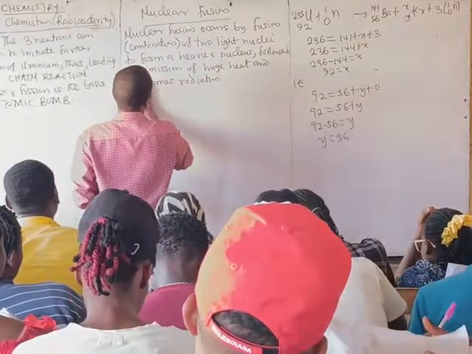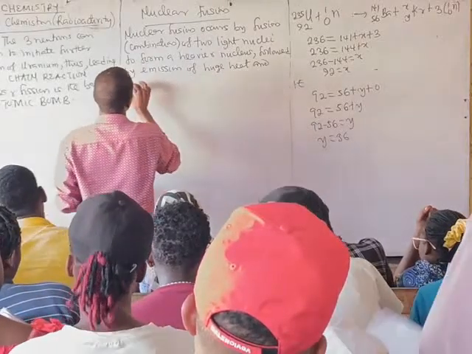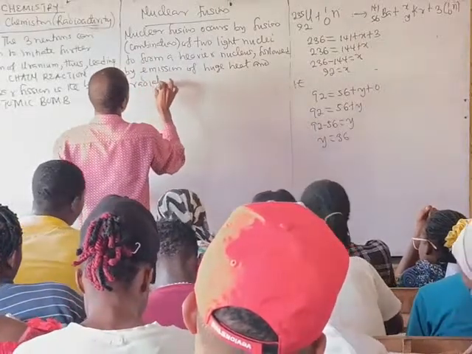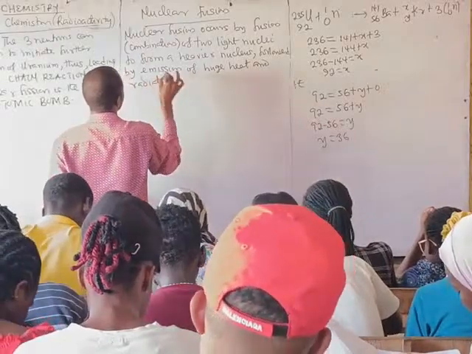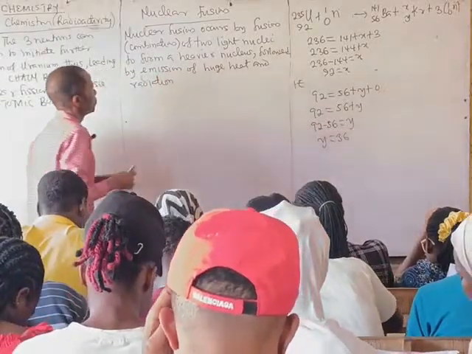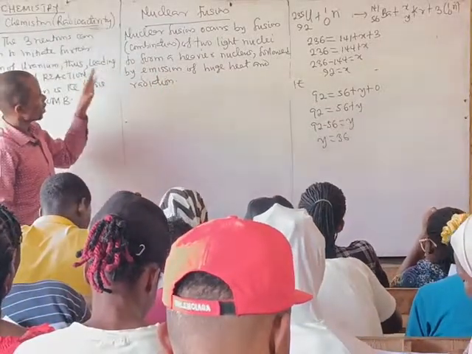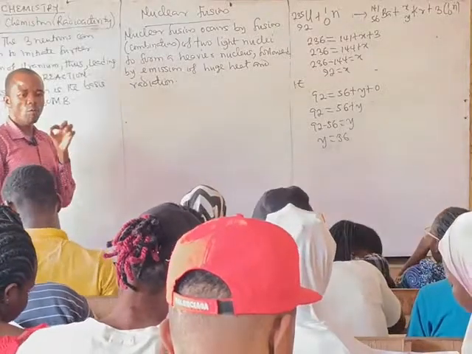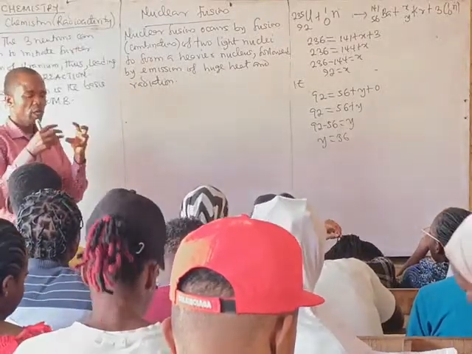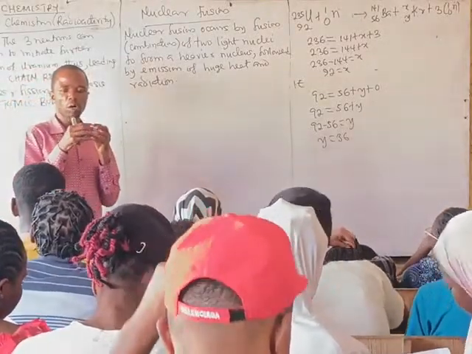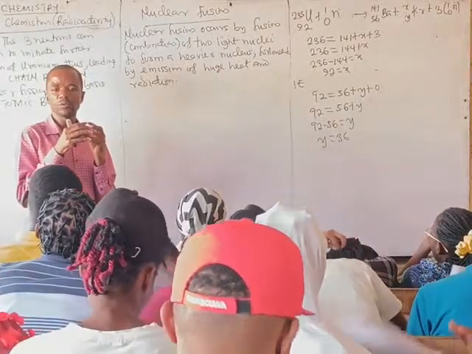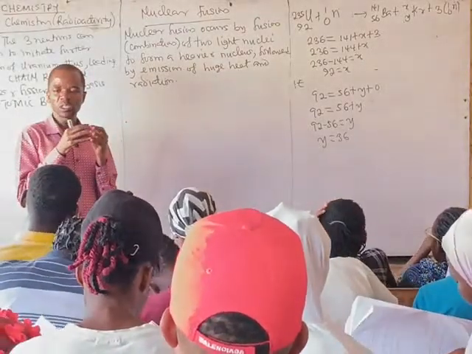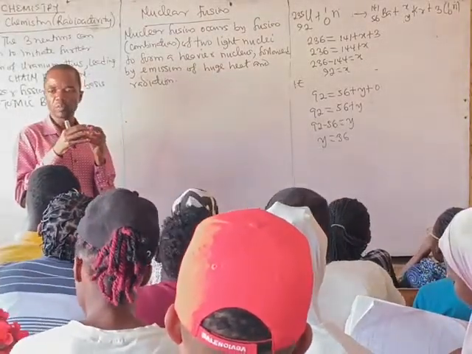And radiation. So let's take up. So nuclear fusion. Now we are talking about fusion, F-U-S-I-O-N. Even the word fusion comes from the verb fuse, F-U-S-E. When you are fusing two things, you are joining them together.